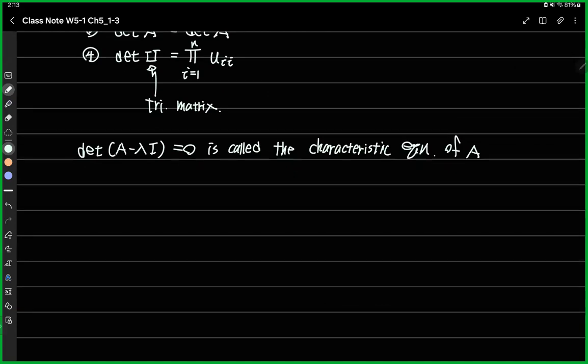But next, when you compute this determinant, definitely you're going to get a polynomial. That is called the characteristic polynomial.